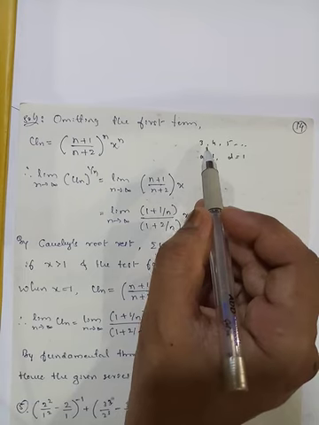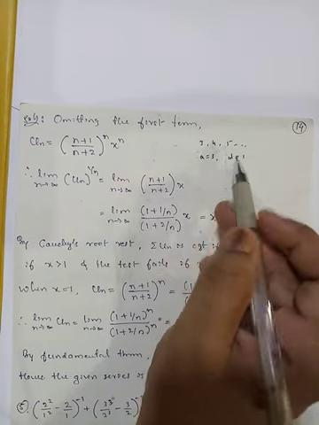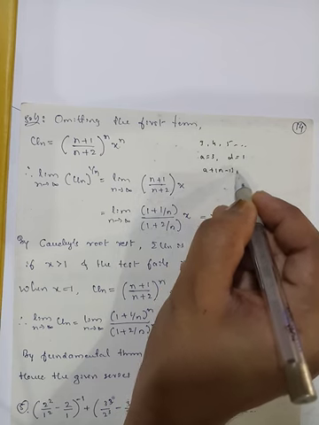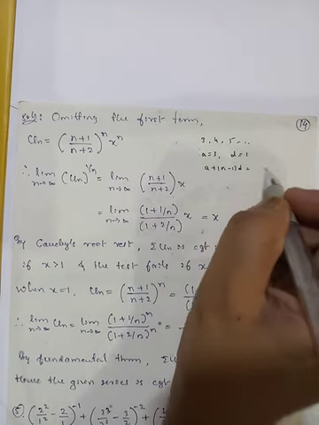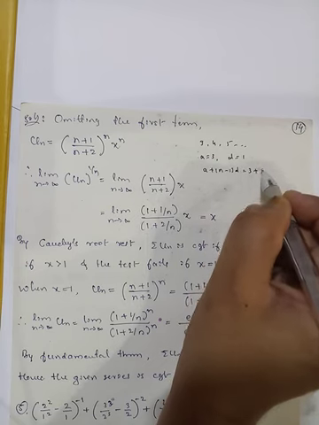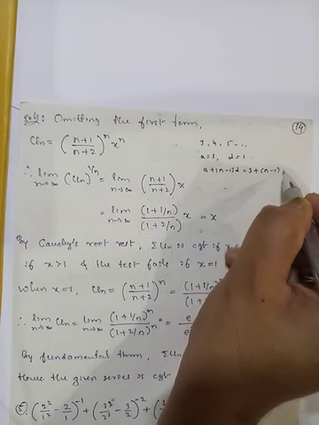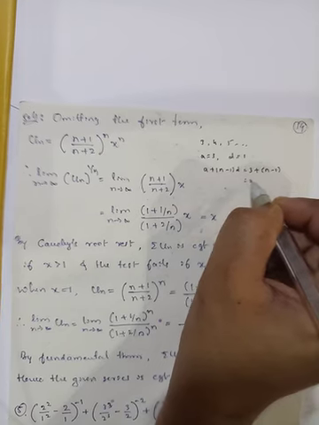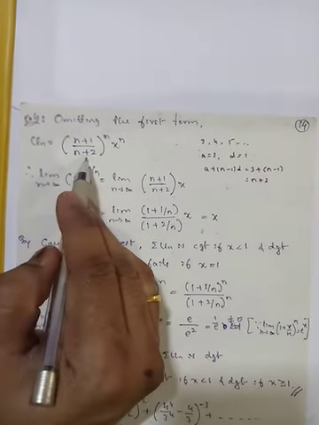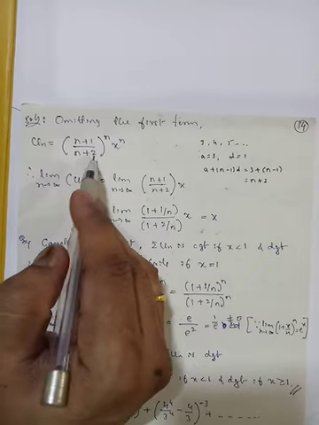A is the first value of the series, d is the difference between the terms. So a plus n minus 1 into d, this is the nth term we are writing. A is 3 plus n minus 1 into d is 1. So this is n, 3 minus 1 is 2. This is n plus 2. This is the way we write the nth term.